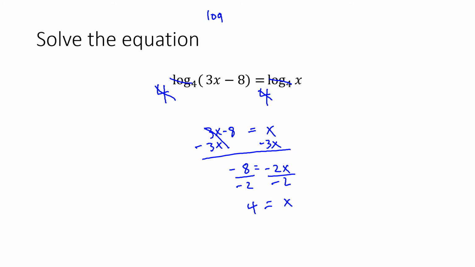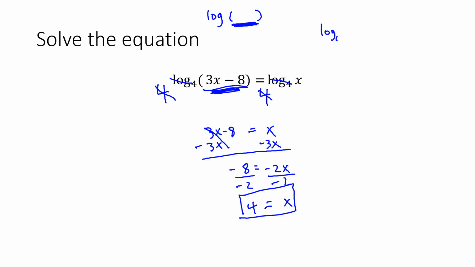Remember that the argument of a logarithm will always have a positive value. So this will always be positive. If it isn't, then our log does not make sense. So we're checking to see if 4 really is the answer, and if it isn't, we will say there is no solution. So let's put this 4 back into first the 3x minus 8.